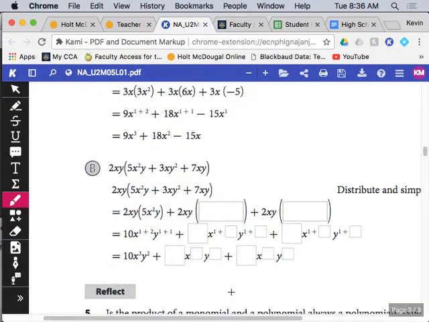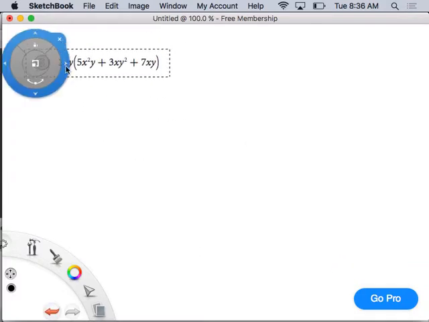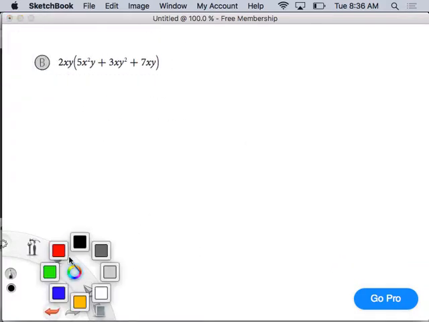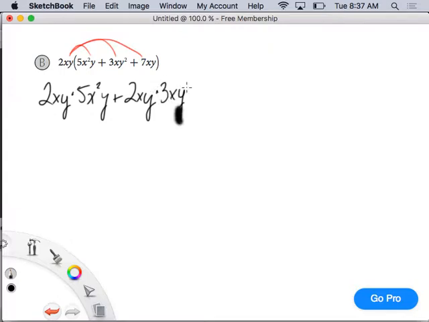All right, and the next one is not fully filled in, so you guys can go ahead and fill it in if you'd like. Again, I distribute this in to every term. This becomes 2xy times 5x squared y plus 2xy times 3xy squared plus 2xy times 7xy.